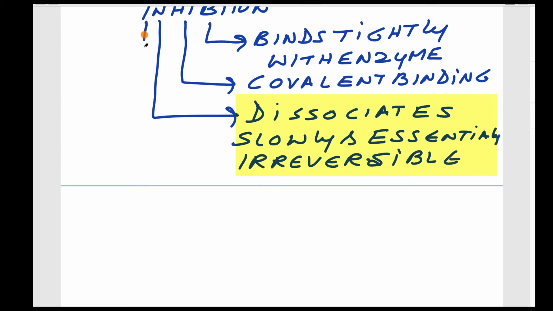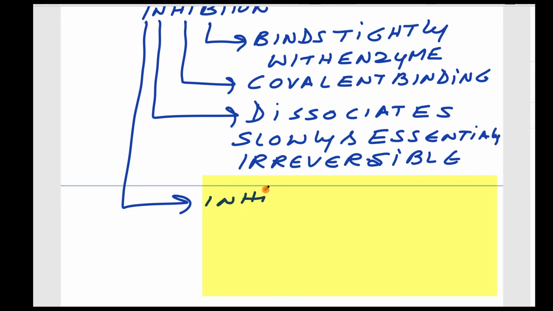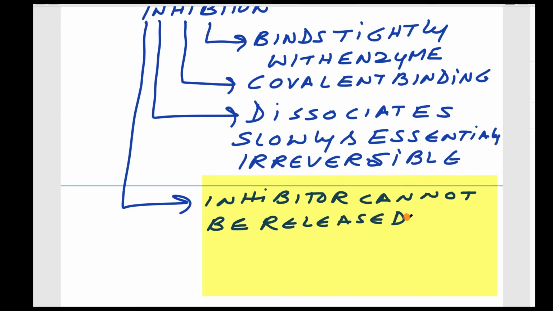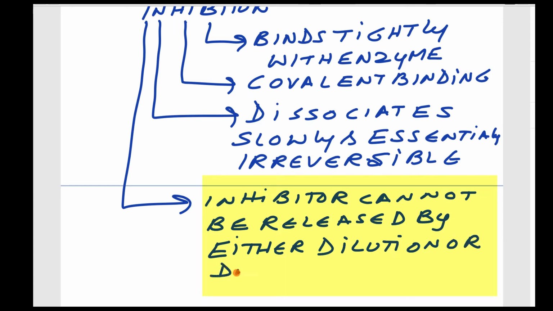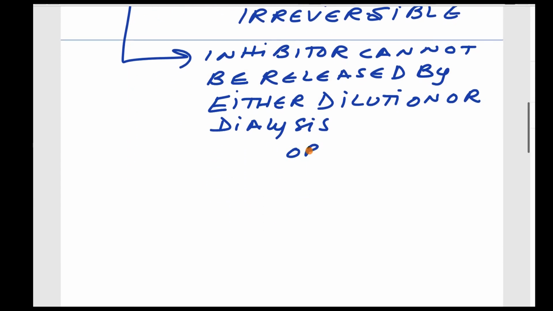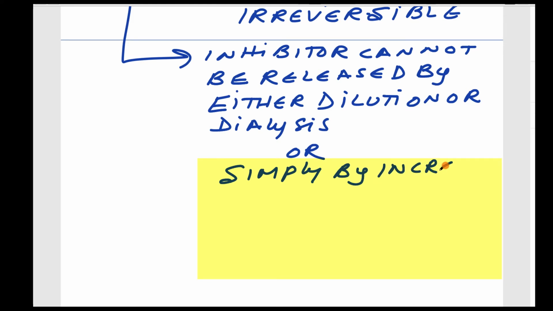The next point is that the inhibitor cannot be released by either dilution or dialysis, or simply by increasing the substrate concentration.